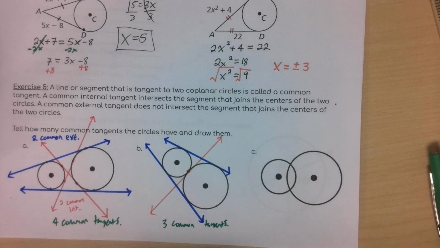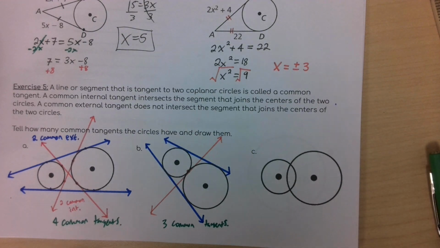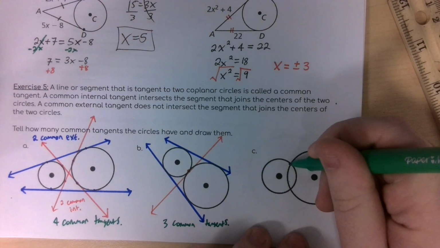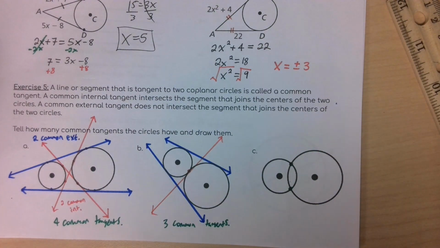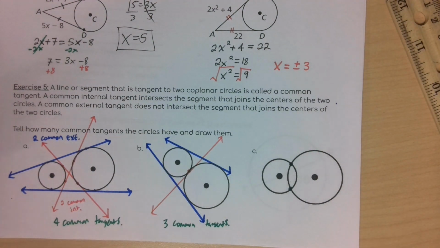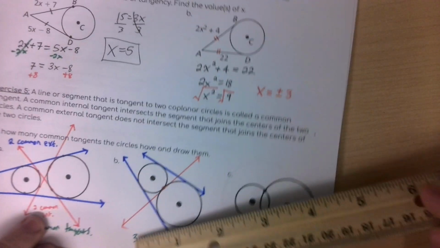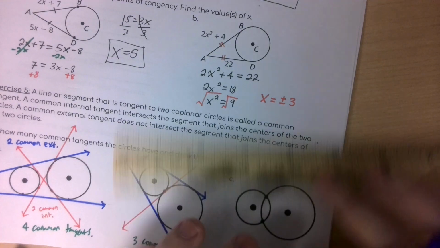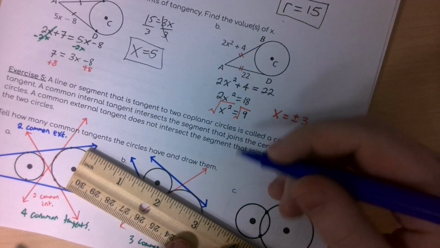Now, granted, anytime you have 2 circles that intersect each other this way, where you have 2 points of intersection, there's no in-between the circles anymore. This is basically a Venn diagram. There's no in-between that we can make a tangent between. So we are only going to ever have the 2 external tangents along the outside.